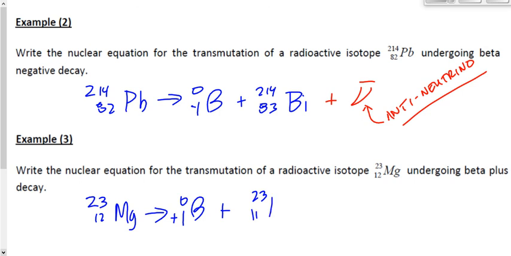And that's going to be, I believe, sodium. What do you think you're going to add on here? What is it, Caitlin? Good. It's not an antineutrino, it's a neutrino. Whenever you have beta negative decay, it's always an antineutrino. Whenever you have beta positive decay, it's a neutrino.